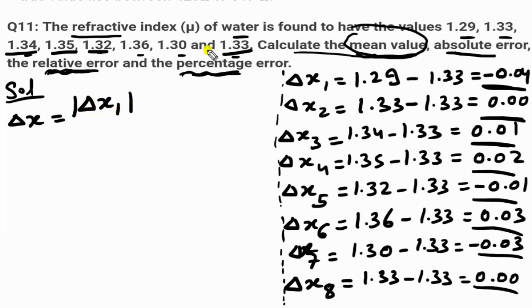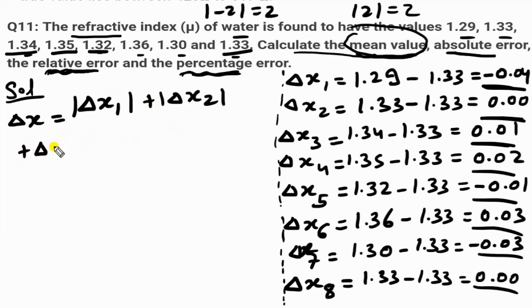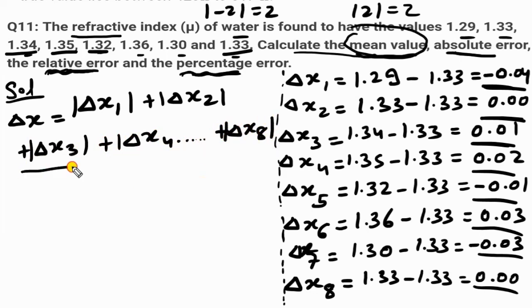That is, mod of minus 2 is 2 and mod of 2 is 2 as well.